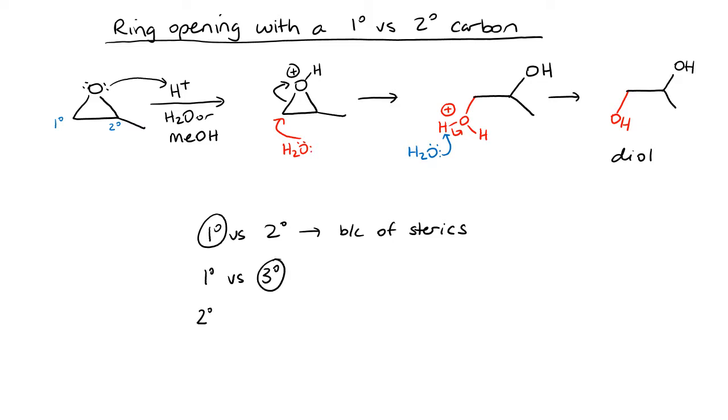And if we're dealing with secondary versus tertiary, we're also going to choose the tertiary carbon. Okay, this has to do with what's known as the electronic effect. Those tertiary carbons have such a stable partial positive charge, it makes them a stronger electrophile.